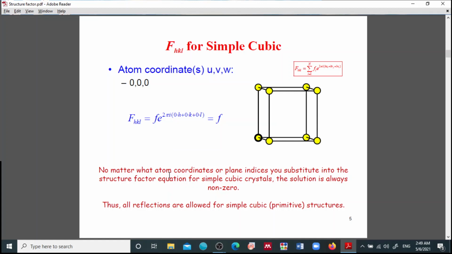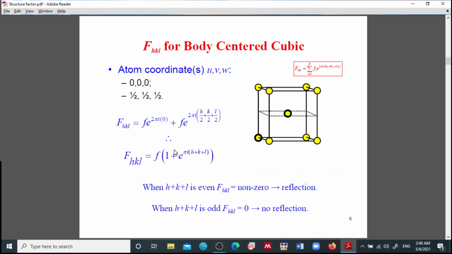So no matter what atom coordinates or plane indices you substitute into the structure factor equation for simple cubic crystals, the solution is always non-zero. So it means that all reflections are allowed for simple cubic structures.